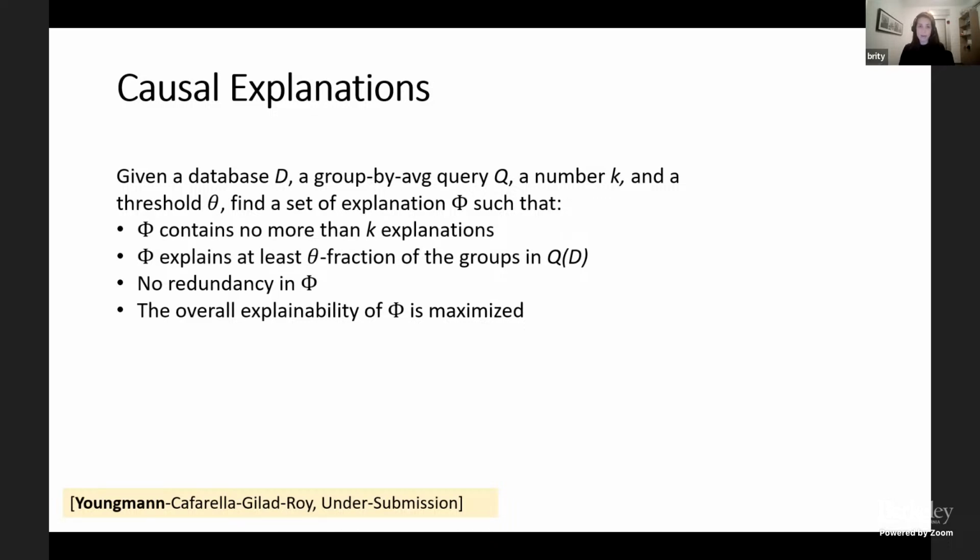When I'm saying overall explainability, I'm talking about the causal effect that we are reporting. We want to find those treatments, those interventions that cause the highest impact on the outcome. If it's the departure delay or the salary, we want to find what is really causing it to be high or low.